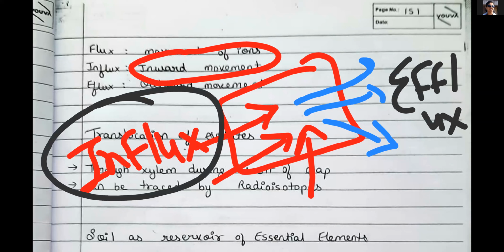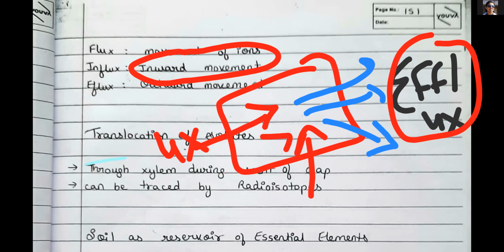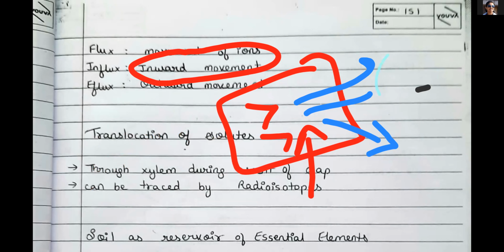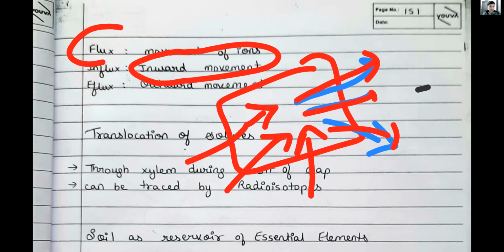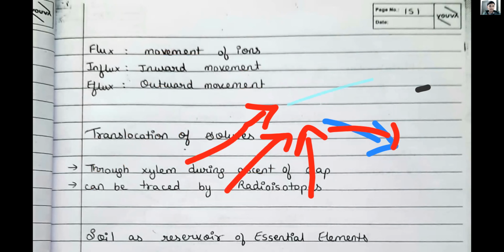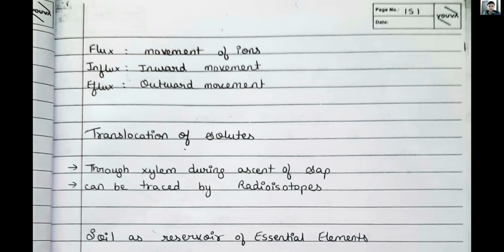One is influx, inward movement of ion; efflux, outward movement of ion; and together inward as well as outward movement we call flux, movement of ions. Flux means movement of ion, influx means inward movement of ion, efflux means outward movement of ion. Right?